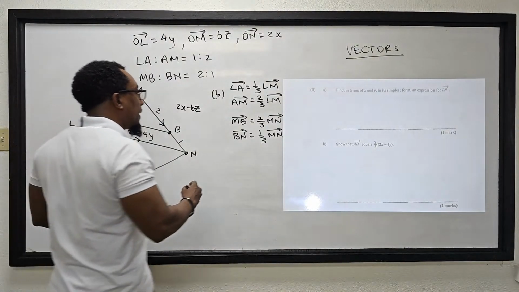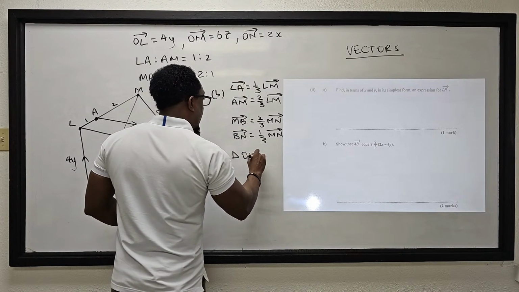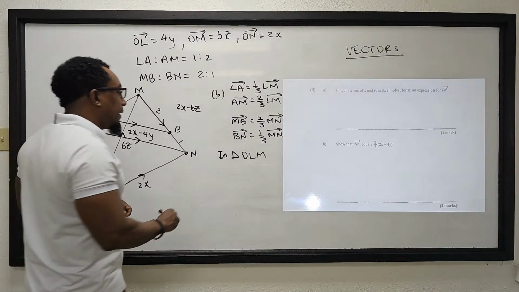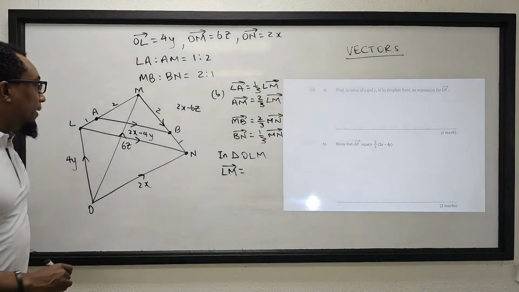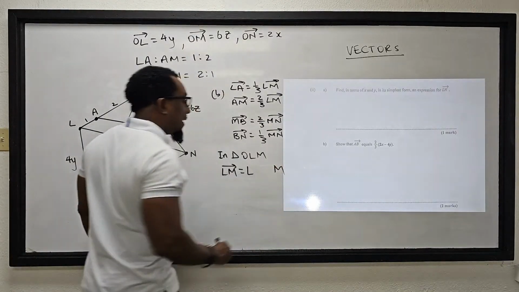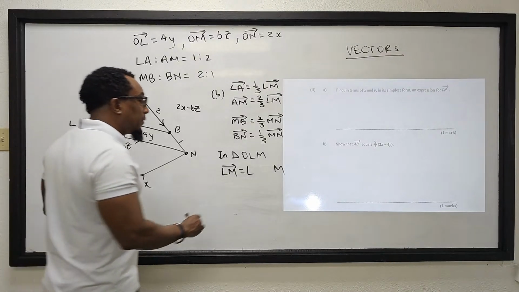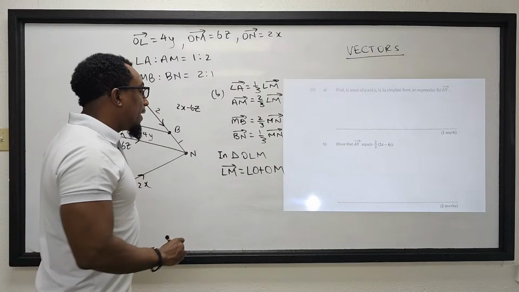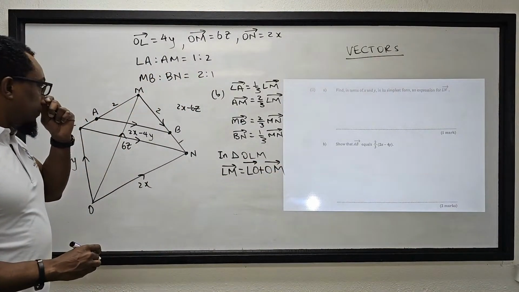So in triangle OLM, I'm going to say we want to find LM. So to find LM, we start with L, we end with M, and the third vertex on that triangle is O. So it means that we're going to place O in the middle, separated by an addition sign. So LM is LO plus OM.